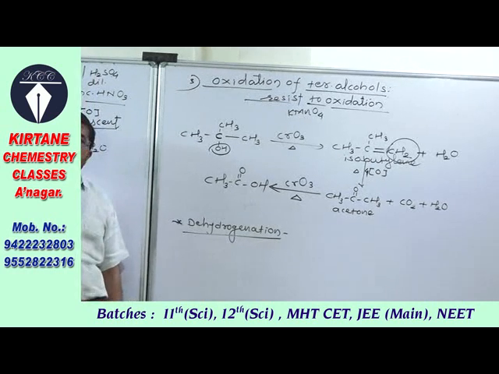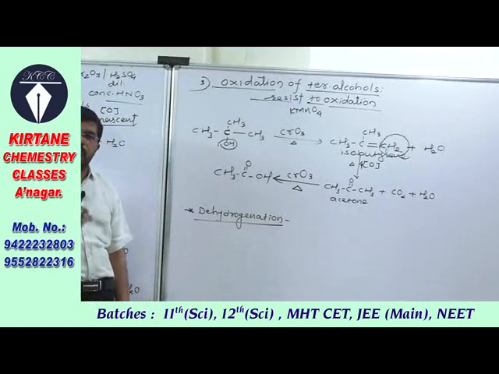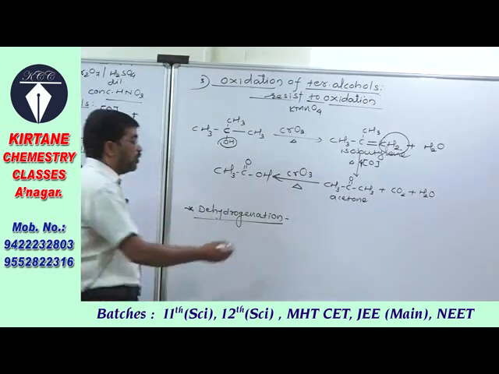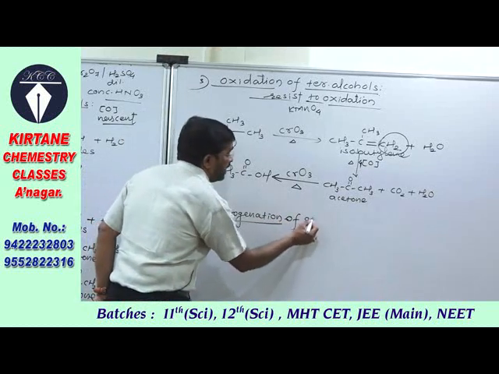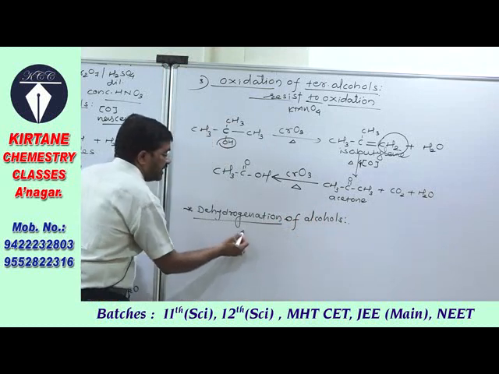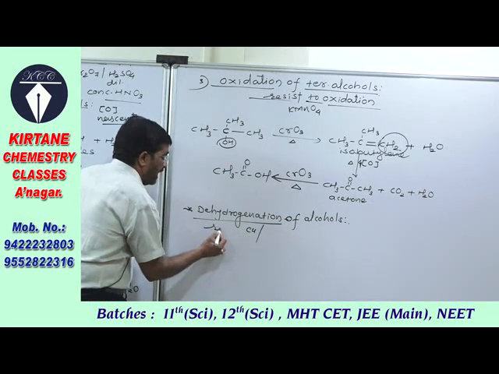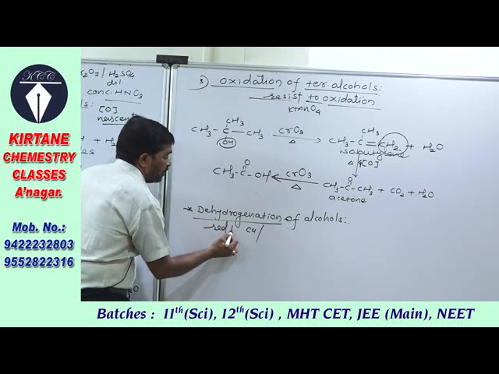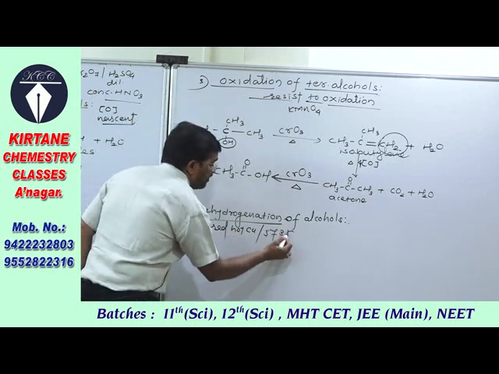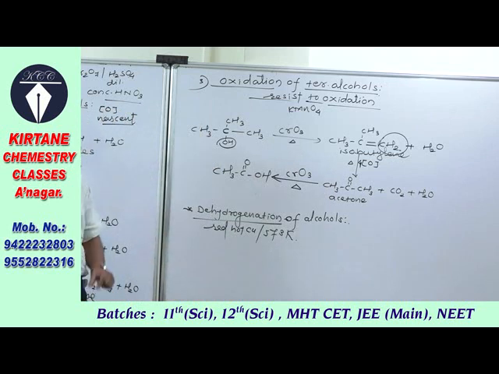Now similar reactions or similar products are obtained by dehydrogenation of alcohols. Here dehydrogenation of alcohol means in this reaction alcohols are heated with red hot copper at about 573 Kelvin.